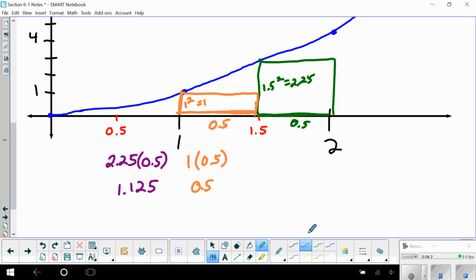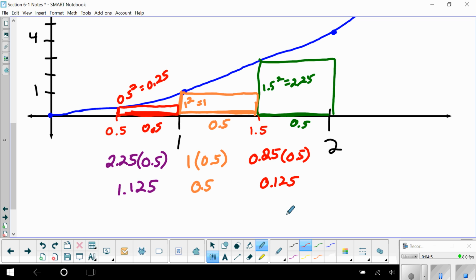My third rectangle goes from 0.5 to 1, so it has a width of 0.5. The left side, because I'm doing LRAM, goes up till I hit the curve. I go over, and its height is at 0.5 squared, which is 0.25. So its area is 0.25 times the width of 0.5, or 0.125.